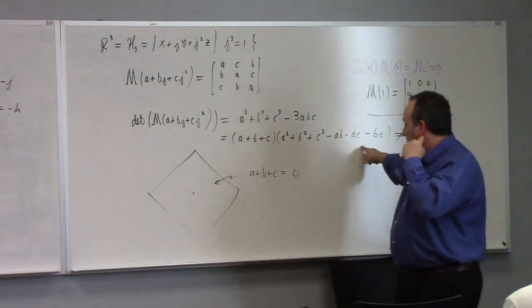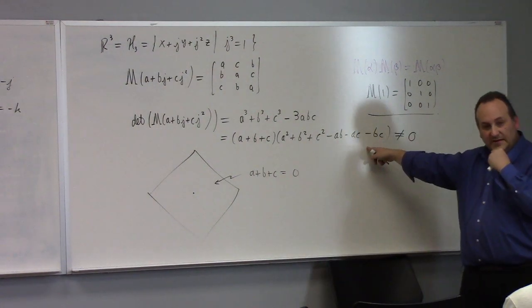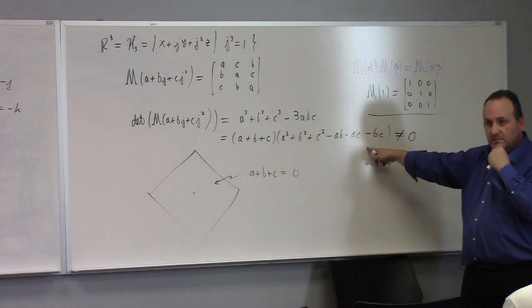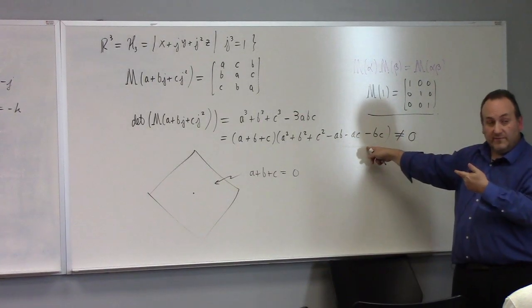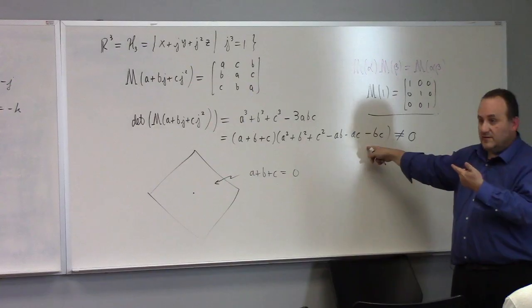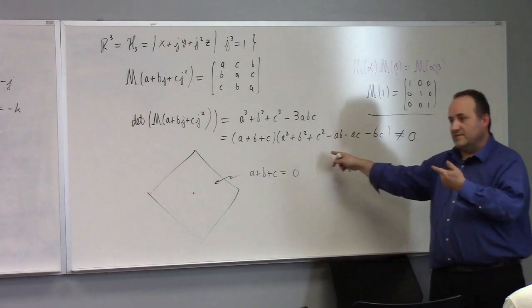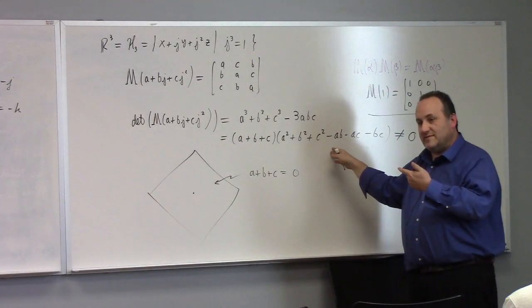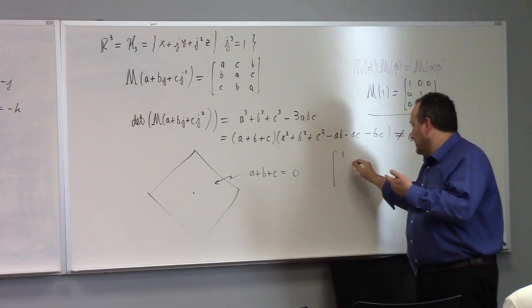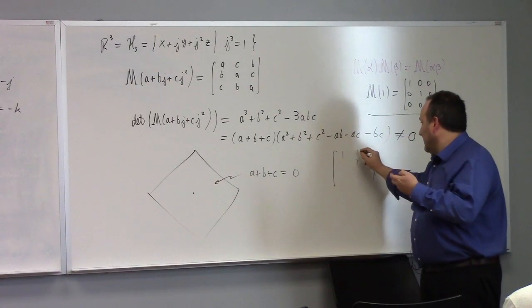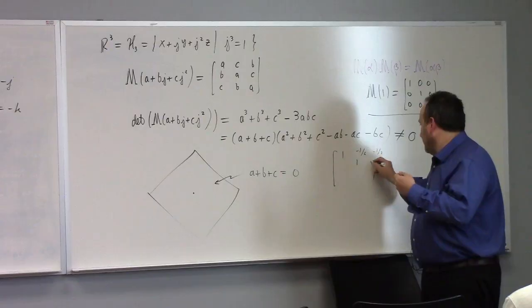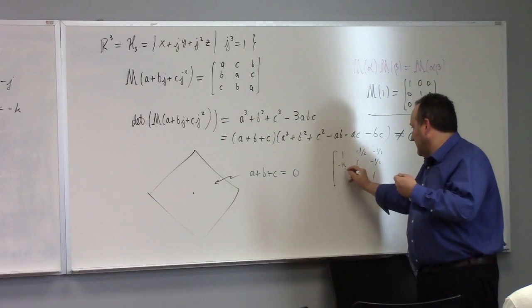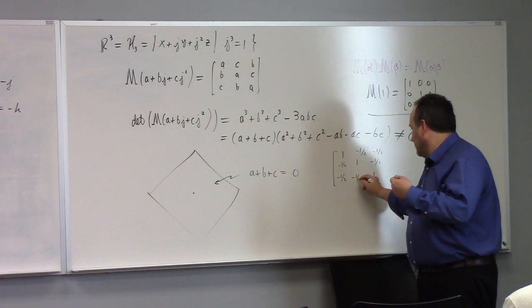How about this? Could this ever be 0? If you study this, and you could study this using the quadratic form stuff I taught you this semester, you could write down the quadratic form. What's the quadratic form here in ABC space? It's 1, 1, 1, minus 1/2, minus 1/2, minus 1/2, minus 1/2. This is what I did to study it.